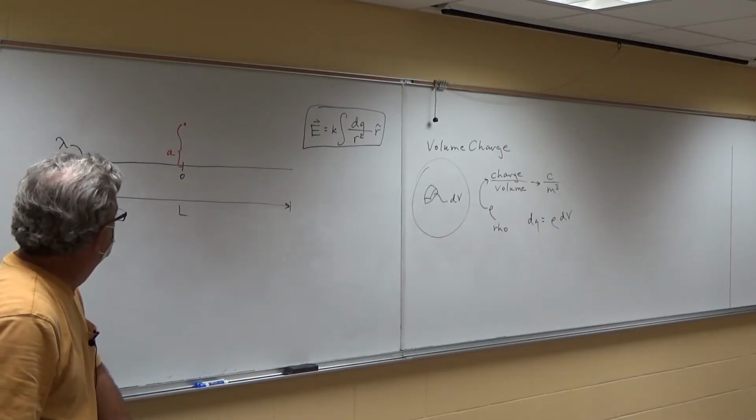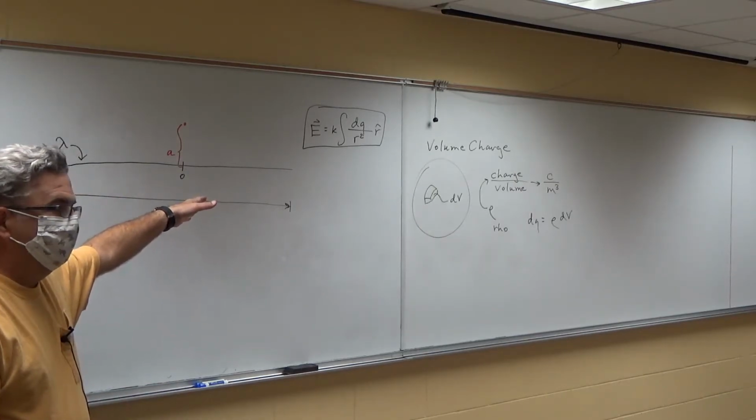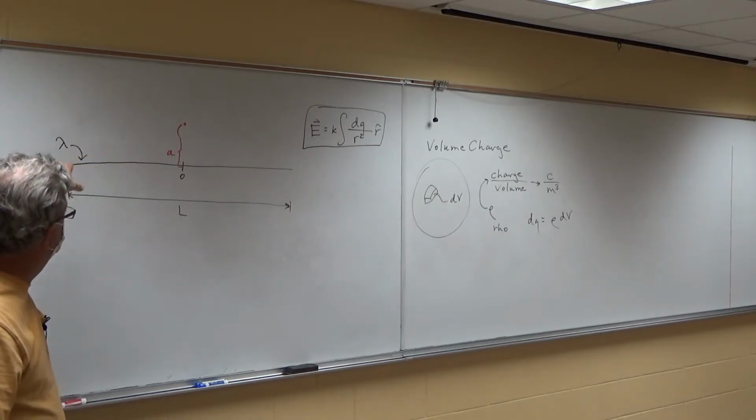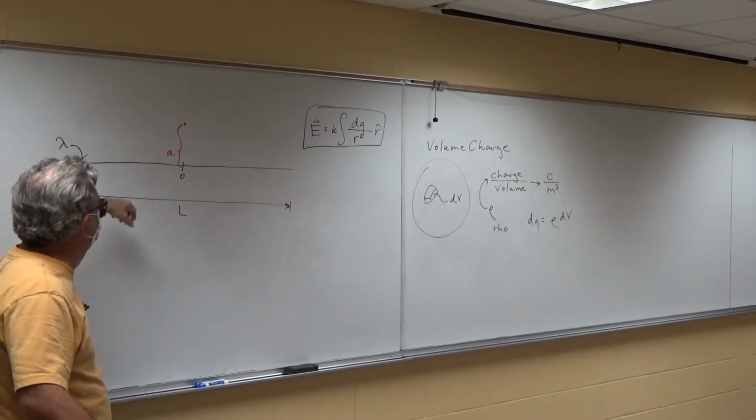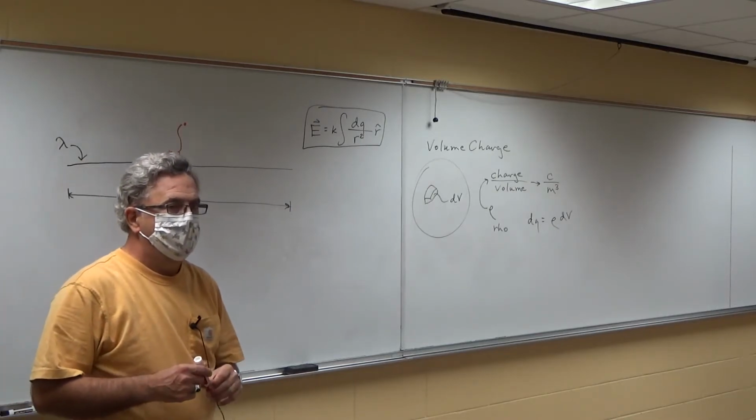So a finite line of charge, uniformly distributed. It has charge per unit length lambda, and I'm some distance A above the center of it.